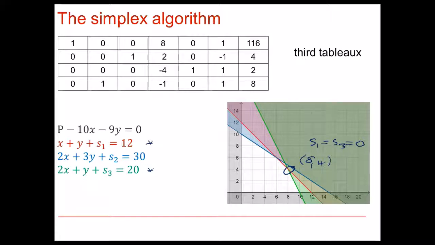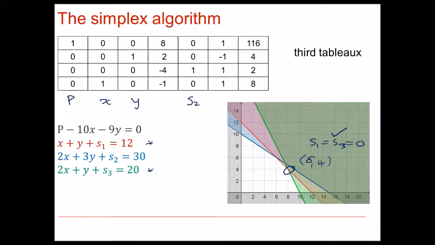Let's see if that's reflected in the tableau. The basic variables will be P and x and now y. We can see that S1 is no longer basic and that S3 is no longer basic, so that does accord with what we're expecting. And S2 is still a basic variable.